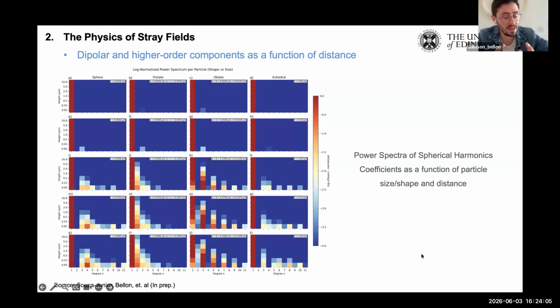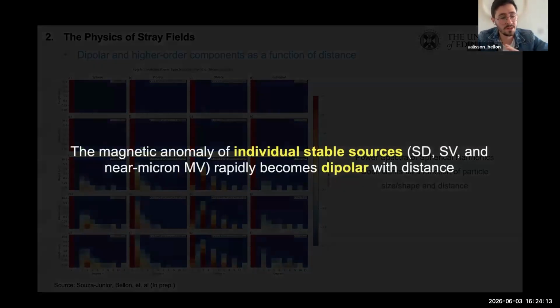So this is actually expected, but it's interesting to show this for real particles with real domain states. So the first part of this talk, we can basically understand that the magnetic anomaly of individual stable sources, single domain, single vortex, and near micron multi-vortex rapidly become dipolar as you take your probe away from your sample.